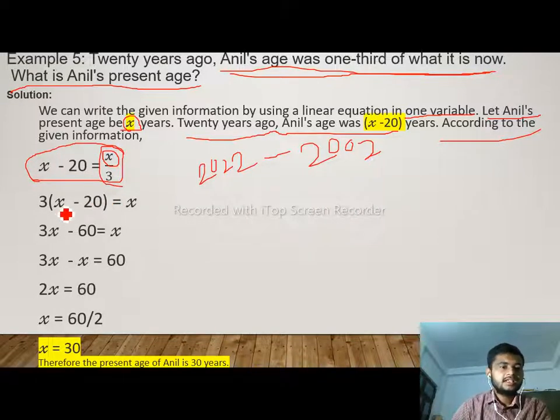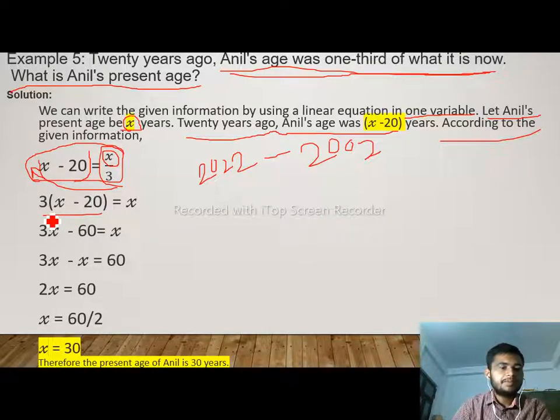So if Anil's present age is x years, his one third age was x by 3. So x minus 20 equals x by 3. After transposing 3 from the right hand side to the left hand side, from the denominator it comes to the numerator and becomes a multiplier of this expression.